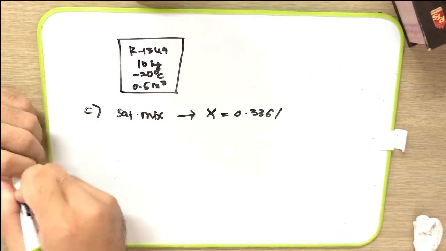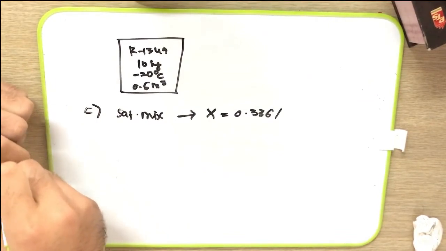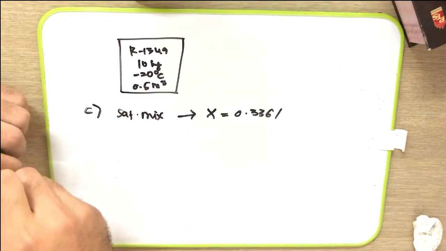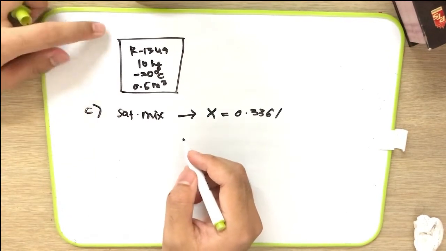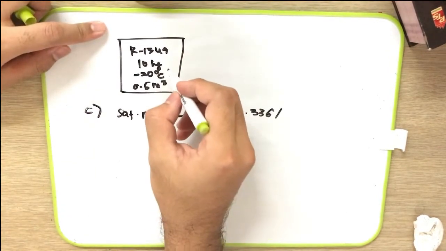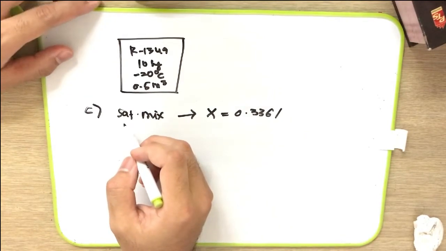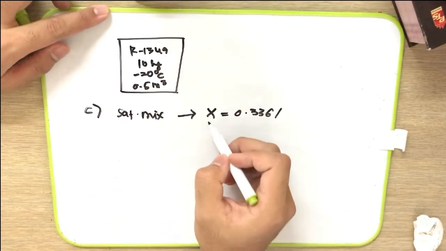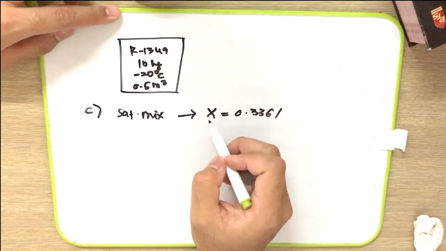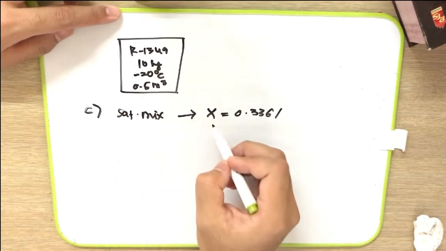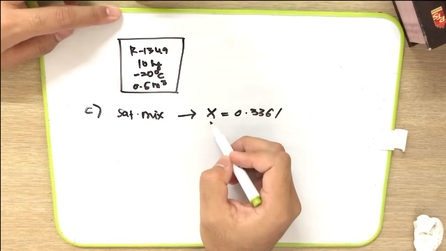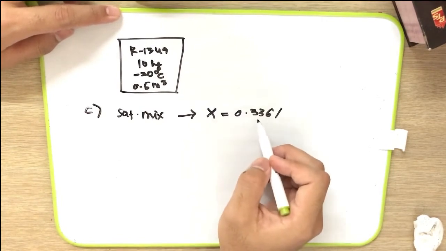In question number C, we need to find the volume occupied by the liquid phase. We already know that the phase for refrigerant in this vessel is saturated mixture. Just now we already calculated the quality, because for a saturated mixture we of course have quality, which is 0.3361.